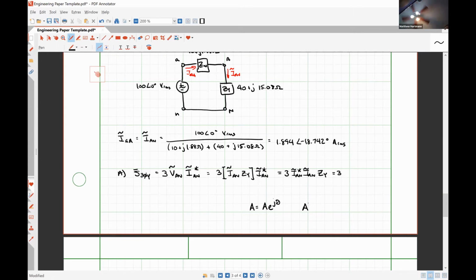A conjugate times A is then going to be A e to the minus j theta times A e to the positive j theta, which is just going to look like A squared. So whenever I multiply a number by its complex conjugate, I just get the magnitude of that number squared. Seem legit? Yes. All right.